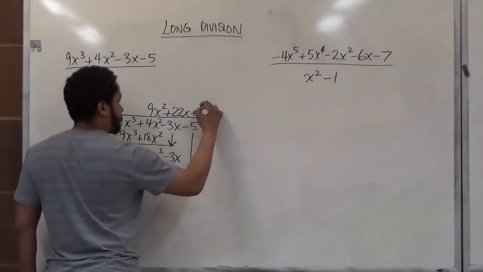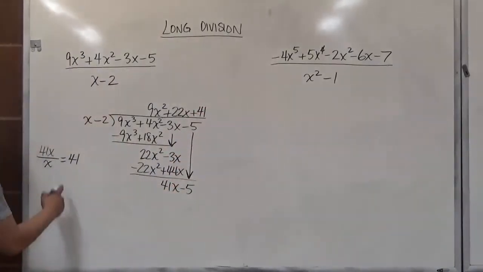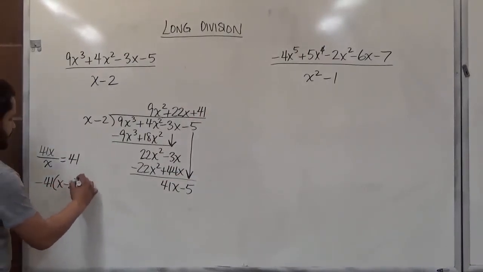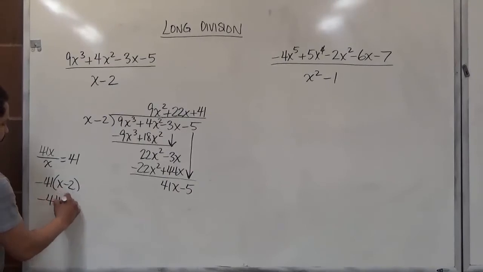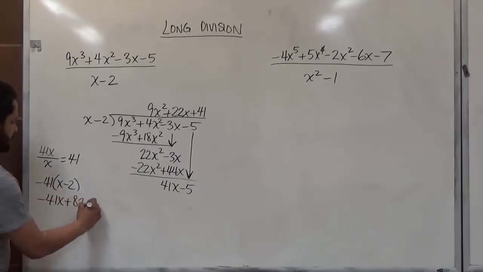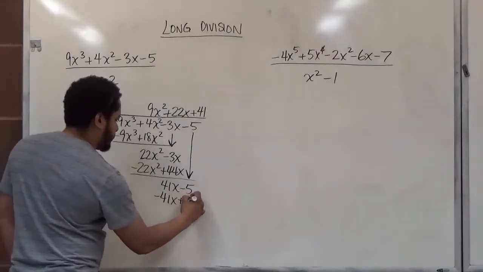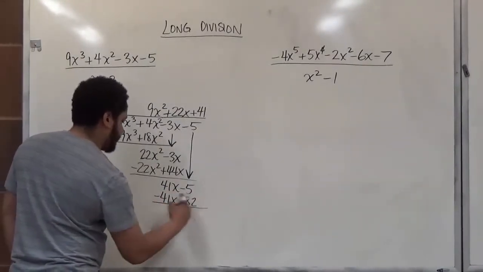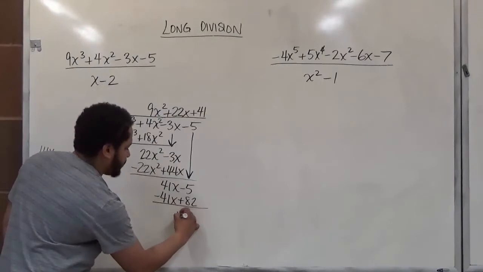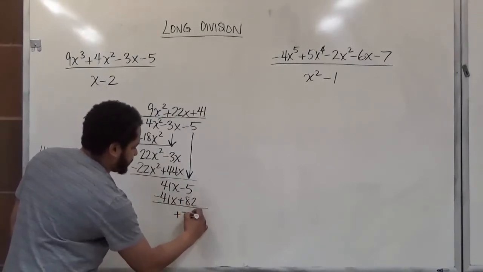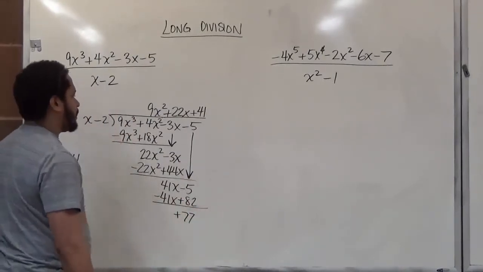So we'll put plus 41 on top here. Then I'm going to take the opposite of this number, negative 41, and multiply with the divisor. That gives me negative 41x plus 82. And then we're going to add that right here. These two cancel, these two add. We get positive 77. And this is our remainder.